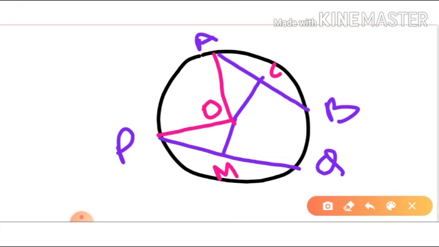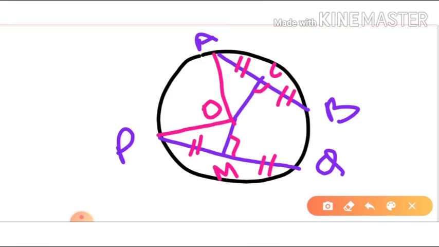Okay, now from the previous theorem, we know that this PM and this MQ are equal, and this AC and BC are equal, because perpendiculars drawn from the center of a circle to any chord bisect the chord.